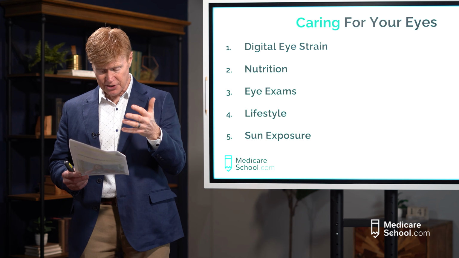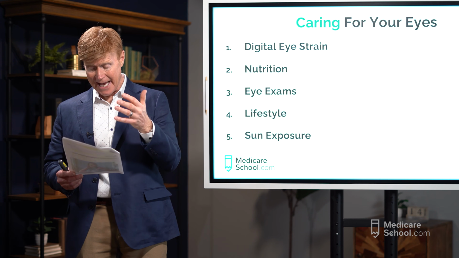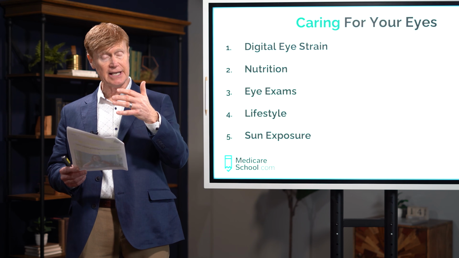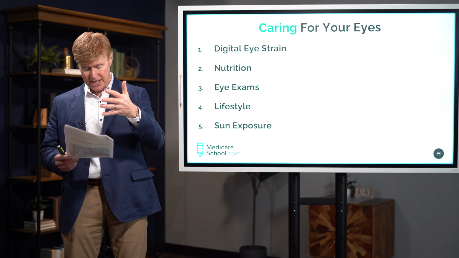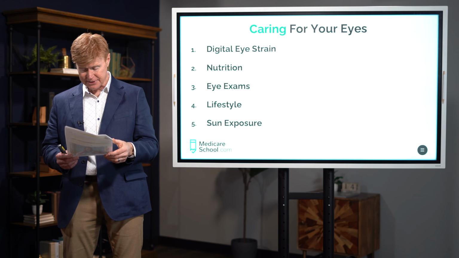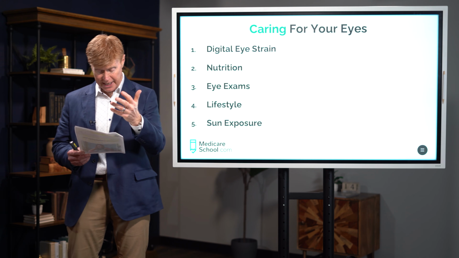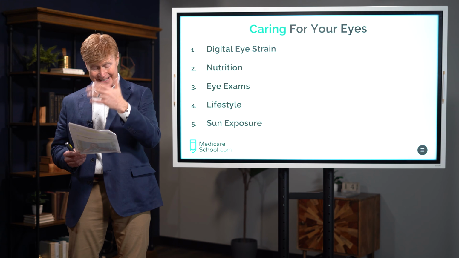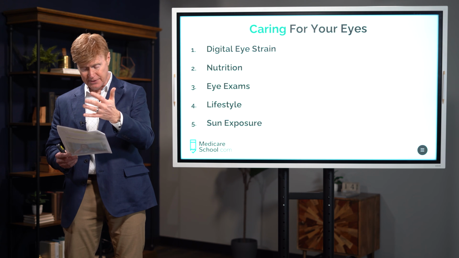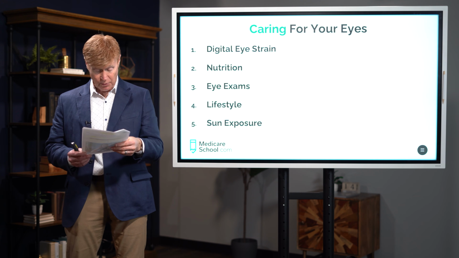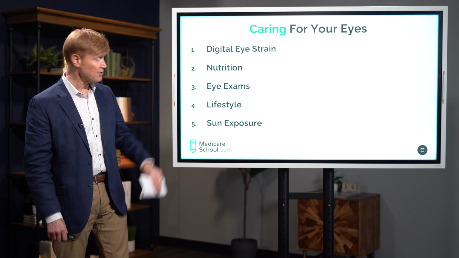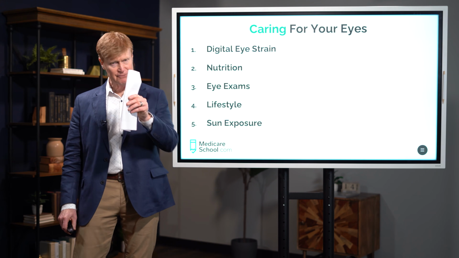Additionally, UV radiation exposure can cause damage to the retina and increase the risk of developing age-related macular degeneration. He says it's critical to protect our eyes from the sun's harmful UV rays by wearing sunglasses that block at least 99% of UVA and UVB rays whenever you're outdoors. So bottom line is, sunglasses are very, very important for the health of your eyes.